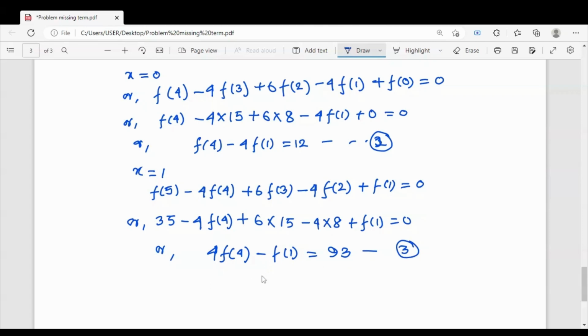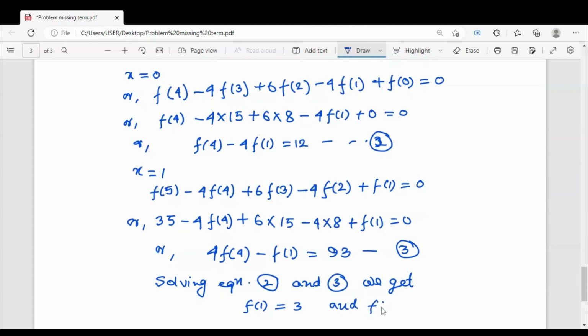Now if we solve equations 2 and 3, we get f(1) equal to 3 and f(4) equal to 24. So these are the answers.